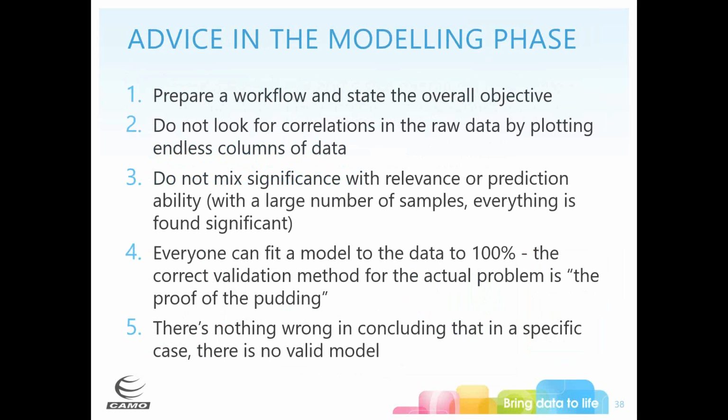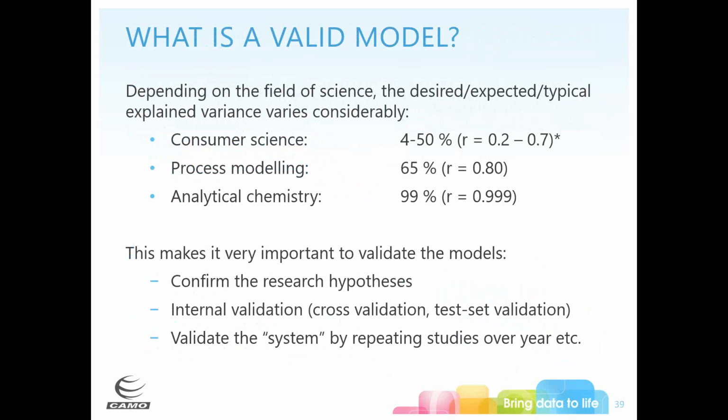And there's absolutely nothing wrong with concluding that for a specific case, there is no valid model. Sometimes the information just is not there. So what is a valid model? It really depends on the field you're working in. Whether you're in consumer science or sensory data, they're okay with a little bit less explained variance.